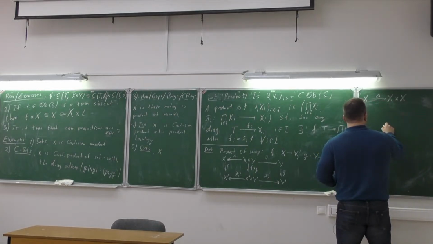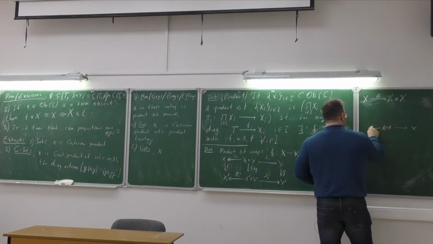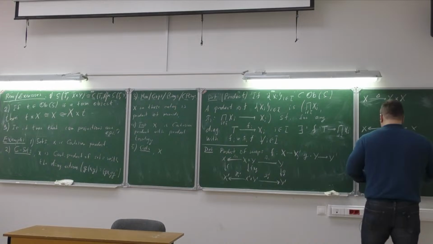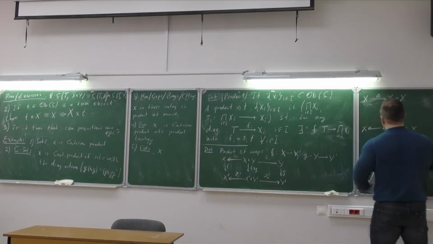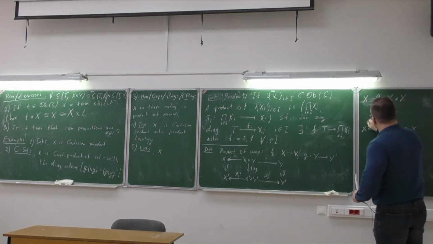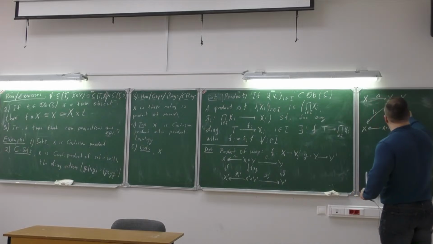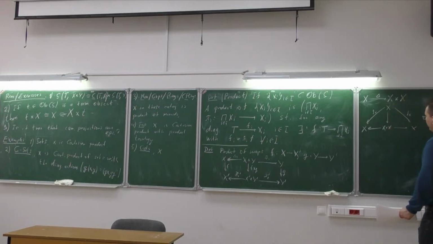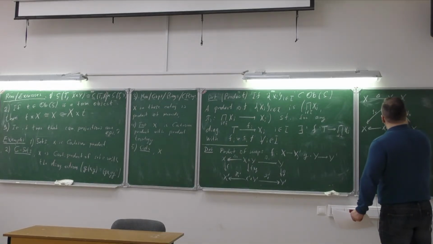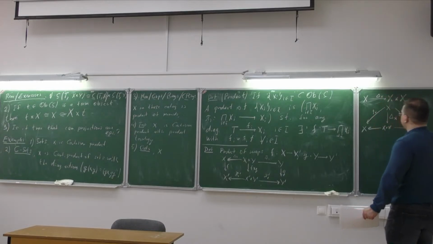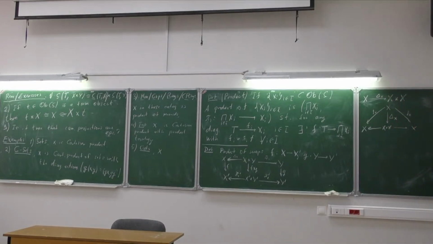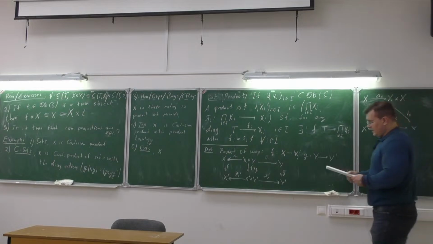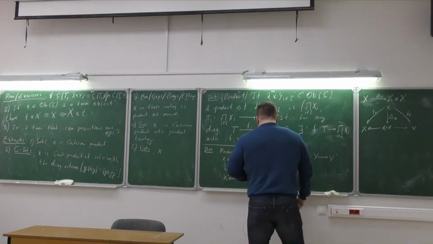You just take the product of X with itself, then take one more copy of X and consider two maps, the identity and the identity. Hence, there should be a unique map, which I'm going to call the diagonal for X. So this is a way to define the diagonal abstractly.